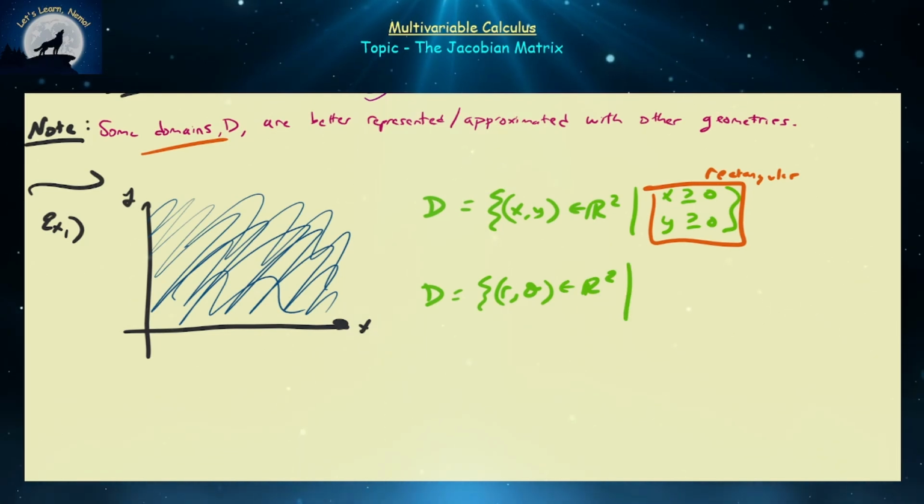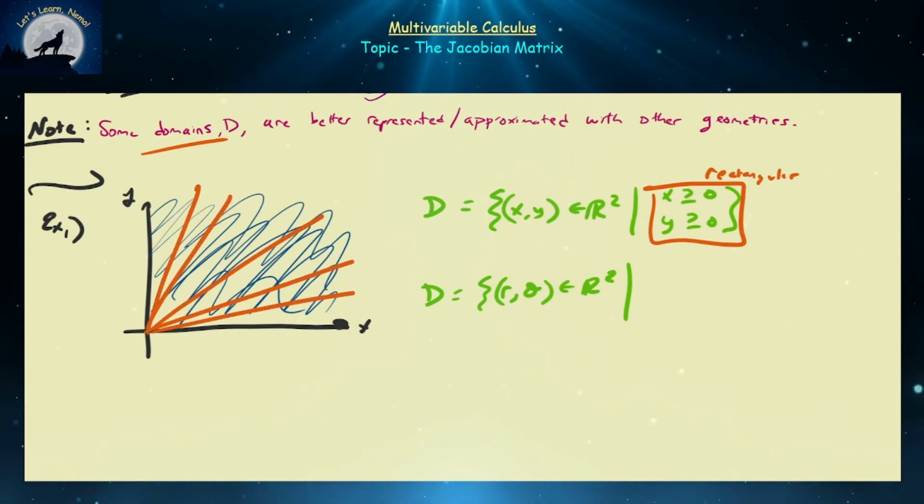So in order to get this covered in the (r, theta) world, obviously we would sweep with a bunch of arcs. So pretty much what we need is a radius going from 0 to infinity, and then we need to take each of these arcs and rotate them from 0 to pi over 2.